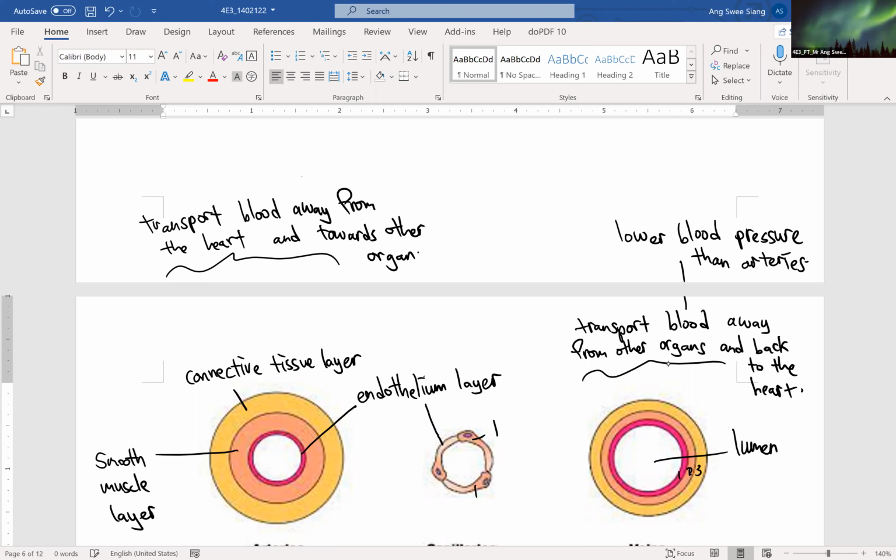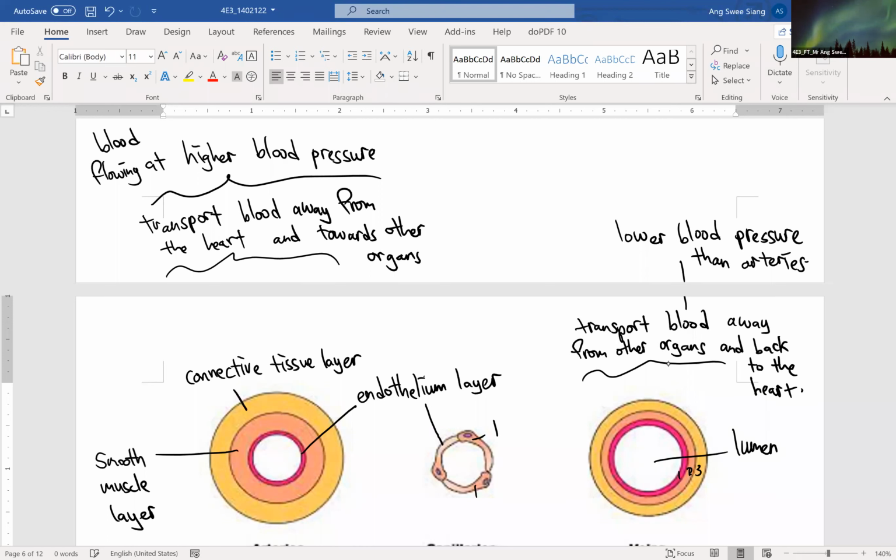Because of that, the blood is at higher blood pressure and higher speed. Just now I forgot to mention about speed in the vein: lower blood pressure and speed.